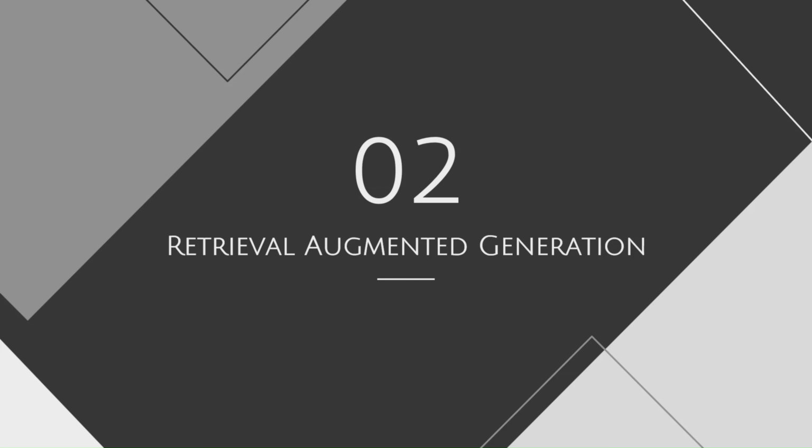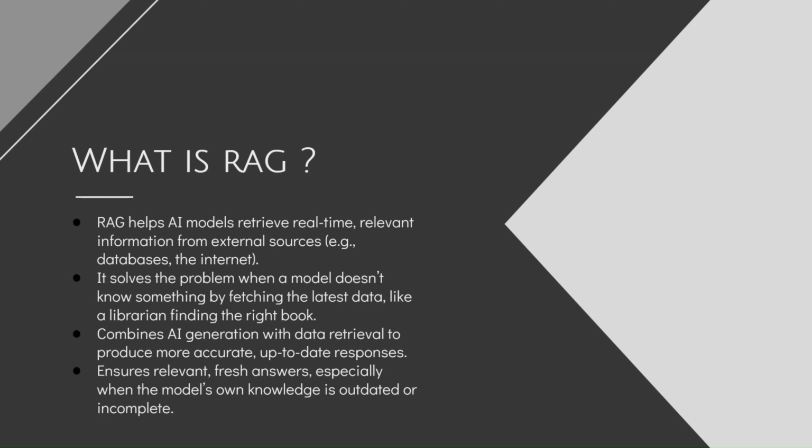Alright, let's kick things off by talking about RAG, or Retrieval Augmented Generation. Sounds fancy, right? But don't worry, it's actually pretty straightforward and super useful. RAG is all about helping our beloved AI models when they hit a roadblock. Picture this: you ask a model for the latest research on, I don't know, quantum computing.